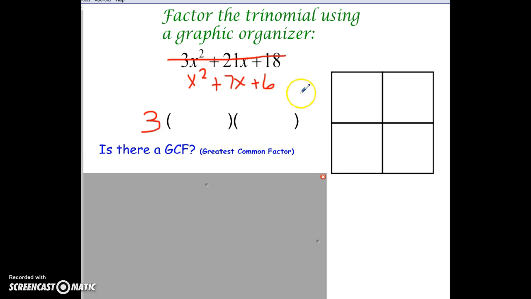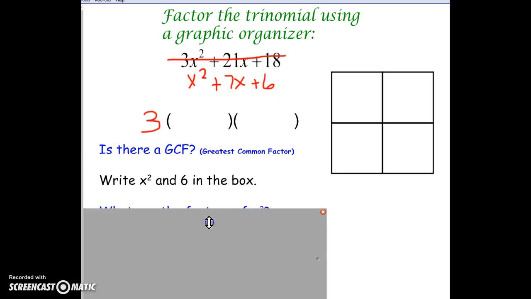And this makes things so much easier. I could still factor this with the 3 in there and get 2 parentheses, but I'm going to have a lot more factors to consider and it's going to take a lot more guesswork. So if there's a greatest common factor, it's easiest to take it out first.